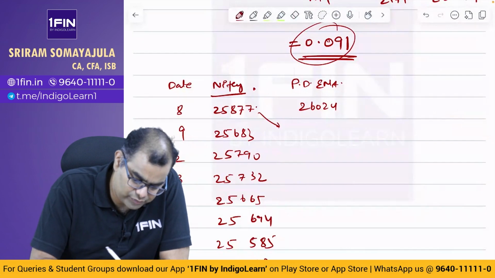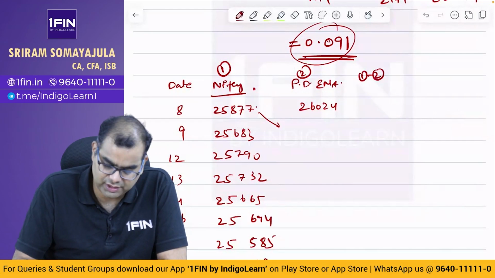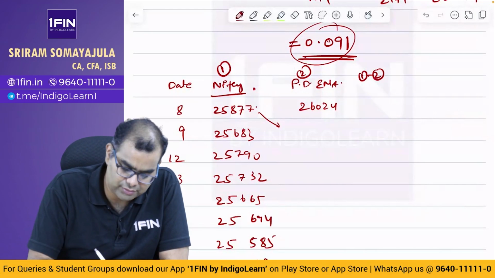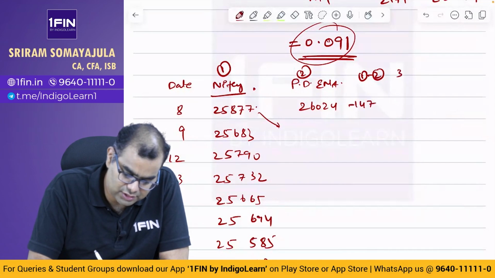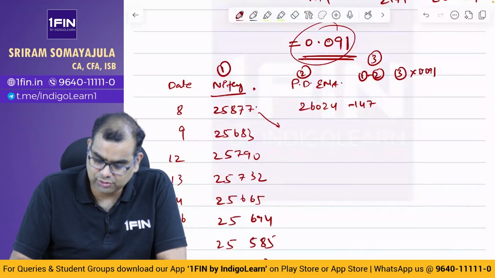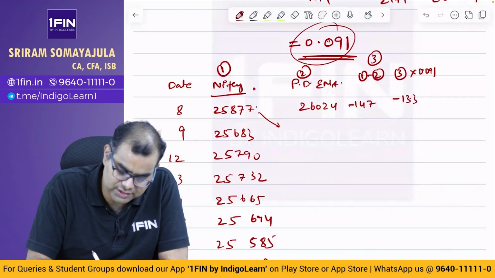Then I'll call this 1, I'll call this 2, 1 minus 2. How much? 25,877 minus 26,024. You get minus 147. Then this is 3. 3 into 0.091 is minus 13.377.